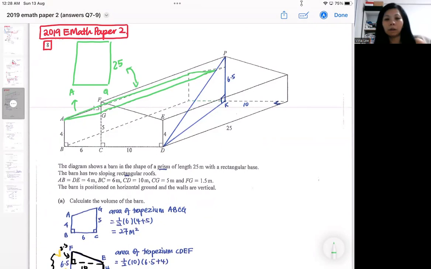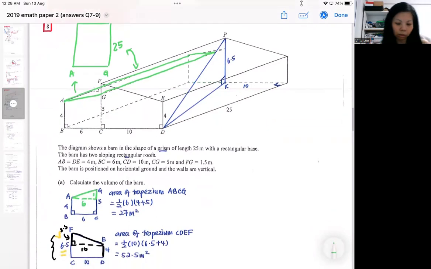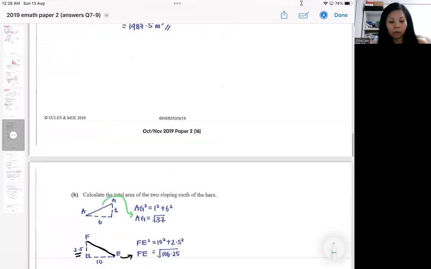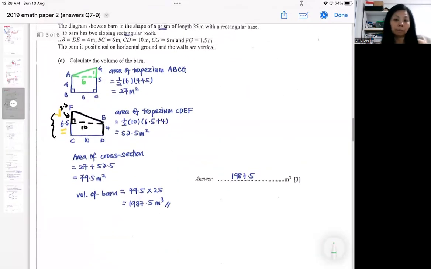It doesn't look like a rectangle, so you also need to find AG. Again, I'm finding AG using a Pythagoras here. This one will be 1 unit and 6 units. That's how I find AG using the Pythagoras that I drew here.